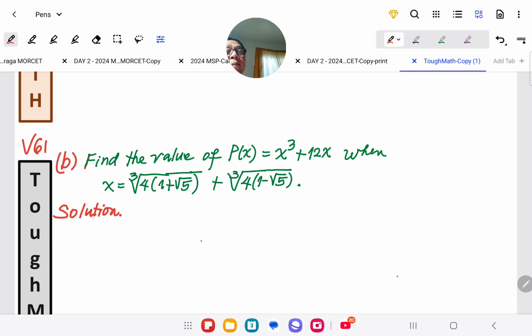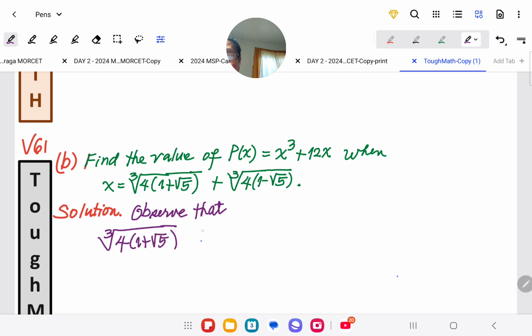Note that, observe that the cube root of 4(1 + √5) plus the cube root of 4(1 - √5) minus x equals 0.